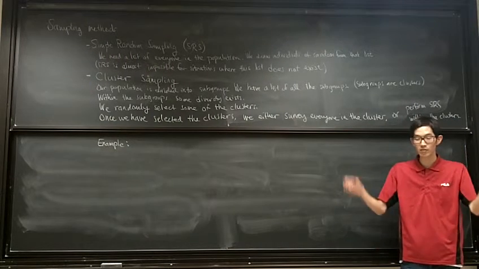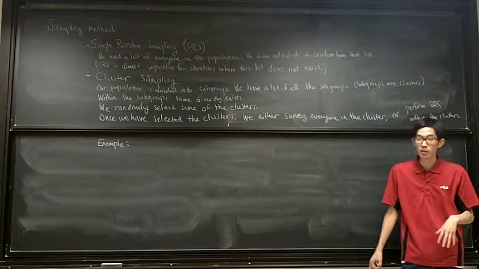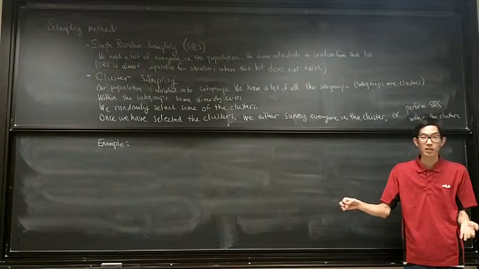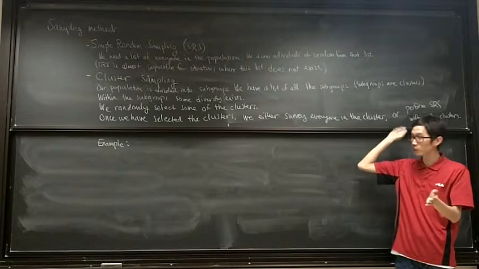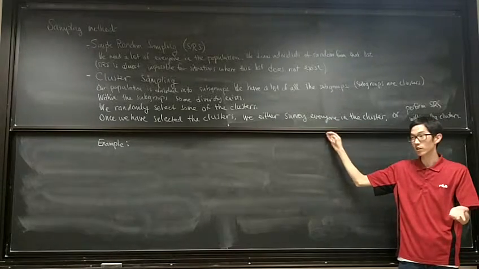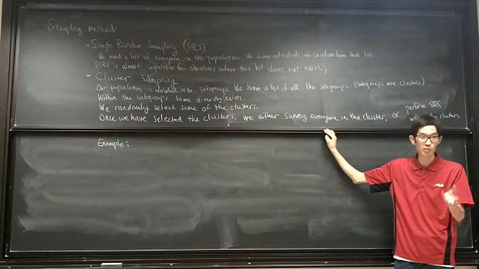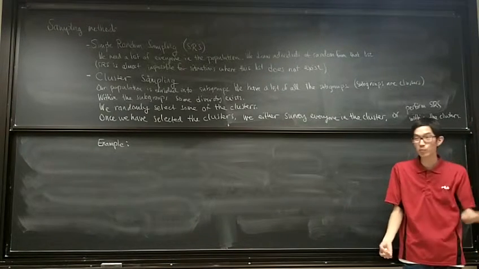Okay, so maybe I've randomly picked 10 of these churches, and then I go to those 10 churches, and once I go there, I can either perform simple random sampling at the church, or I can interview everyone at the church. Okay, I can either select everyone who goes to that church to be part of the sample, or I could say, do you have a list of all of your members?